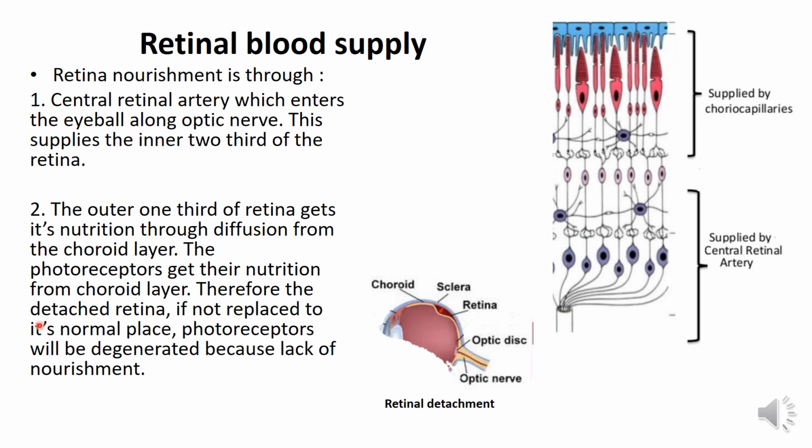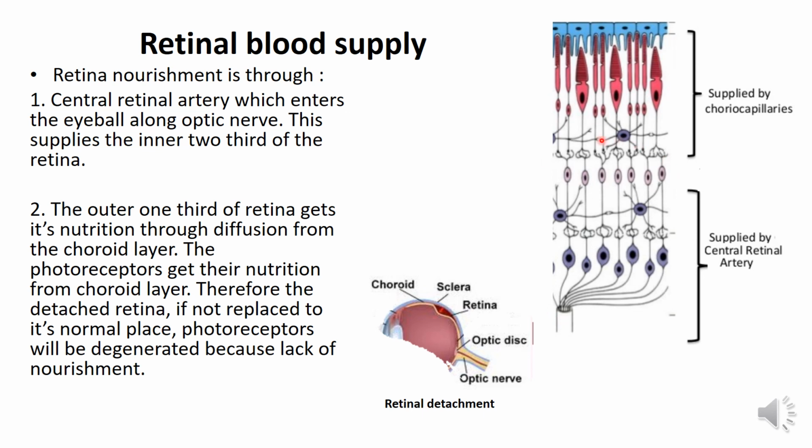This slide is about retinal blood supply. Retina receives blood supply through two sources. The first source is through the central retinal artery. The blood coming through the central retinal artery supplies the inner two-thirds of the retina.